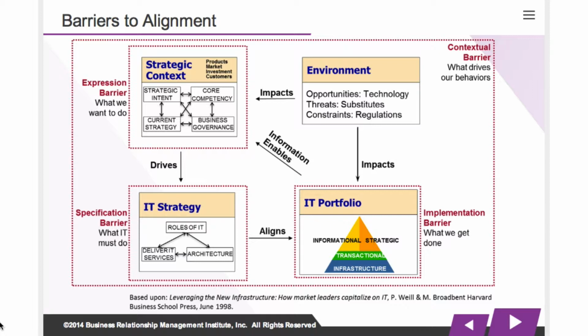Our goal must be to align the business's strategy, the IT strategy, and the IT portfolio. There are 4 barriers to this: the expression barrier, the specification barrier, the implementation barrier, and the contextual barrier. You'll see them illustrated in the diagram on the screen.